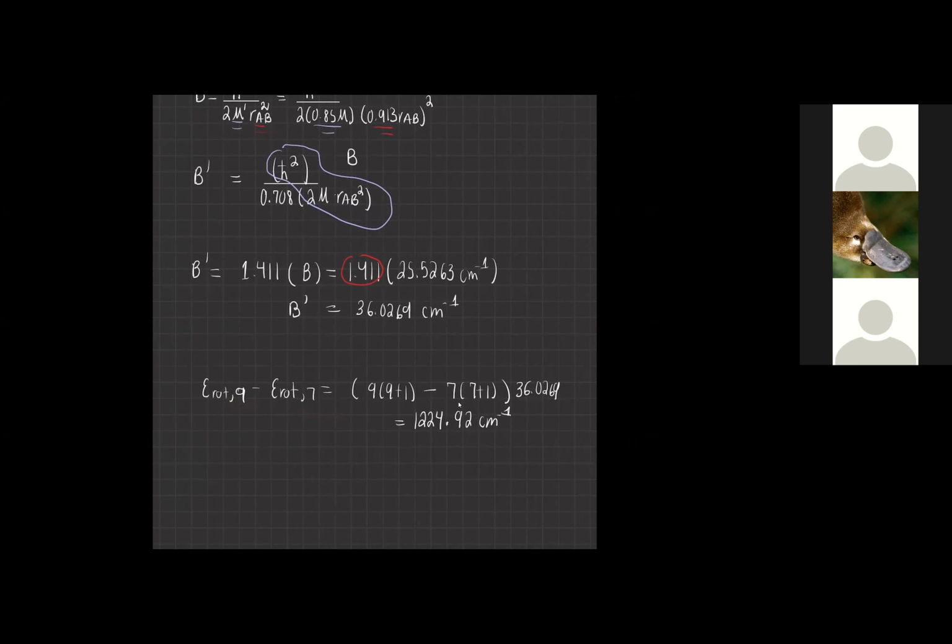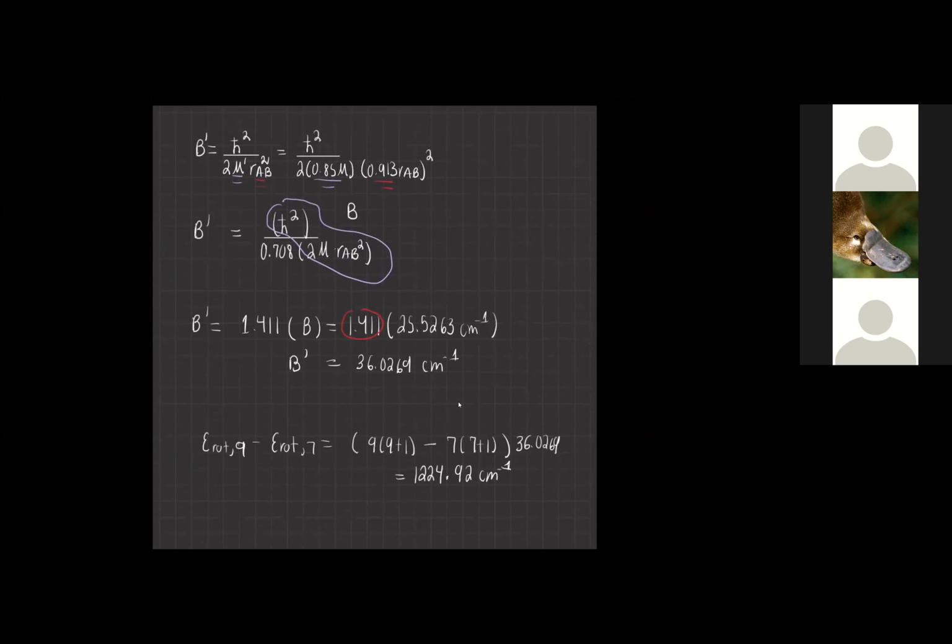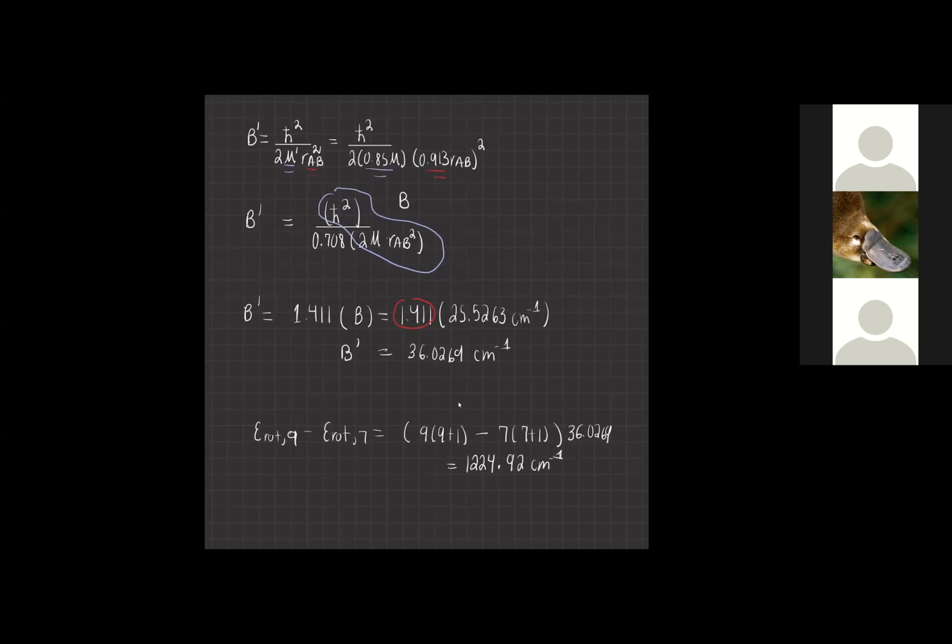Just ask as many questions as you want for this. Could you scroll up a little bit? Yeah. Okay, I see, so you factored out the 0.85 and the 0.913 squared. Yeah, you're on the right track.